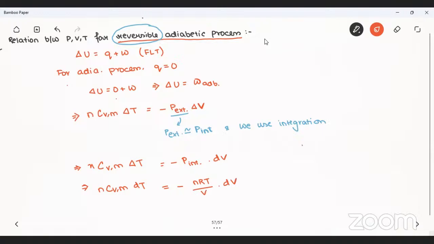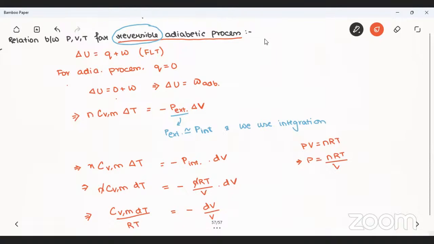See, PV is equal to nRT, so P will be equivalent to nRT by V. That is what I have written here. So this n and this n get cancelled out. What remains is CVM dT is equivalent to minus, if I take the RT here, then dV by V. Is this part clear up to this?